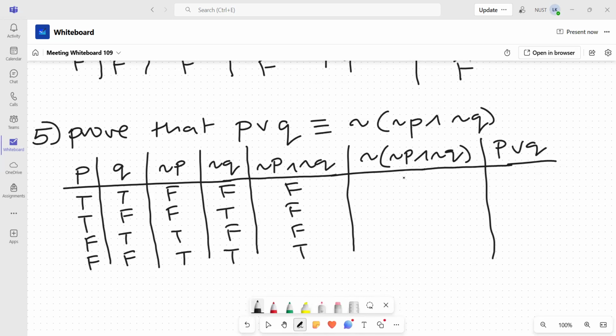Then the negation, this is true, true, true, and false. Okay, and then P or Q, just looking at these two, they're both true. So it's true. One of them is true, it's true. One of them again is true, it's true, and they're both false, so it is false. And when we compare these two, they have the same truth values. Therefore, these two are logically equivalent.